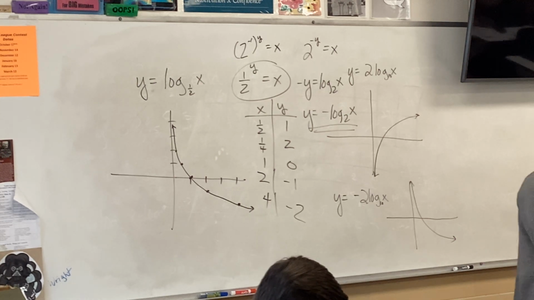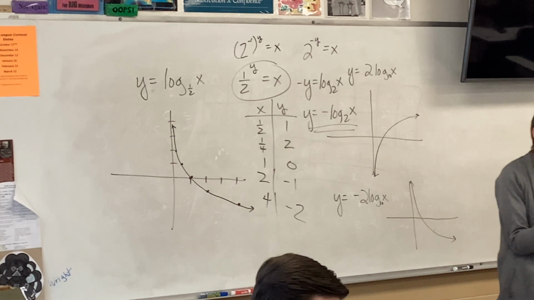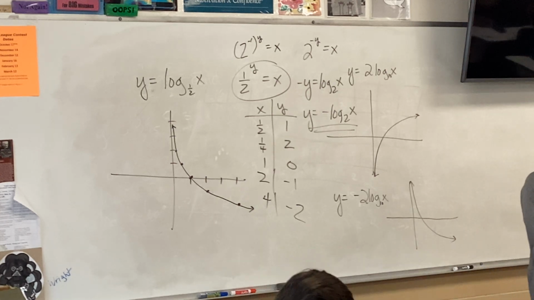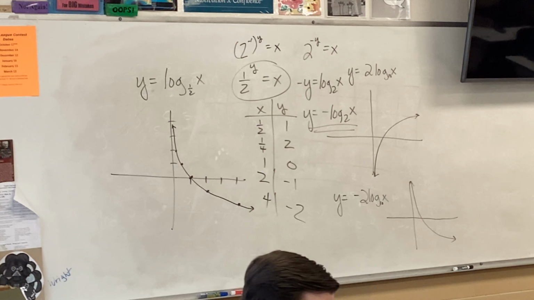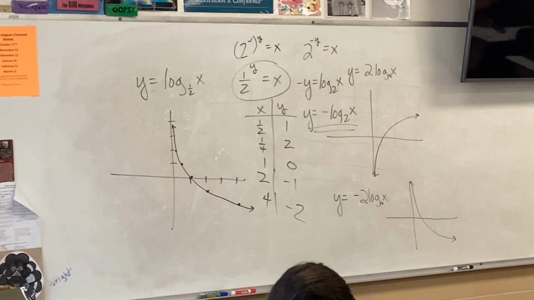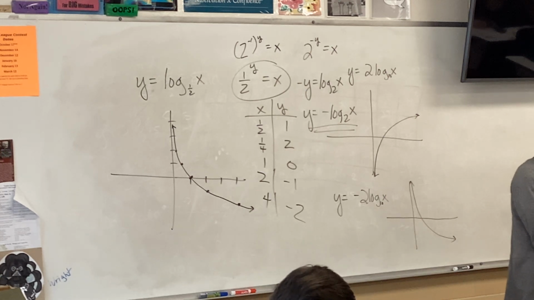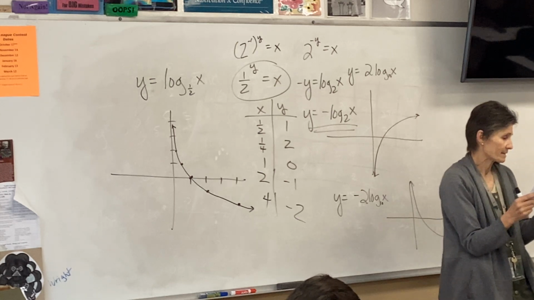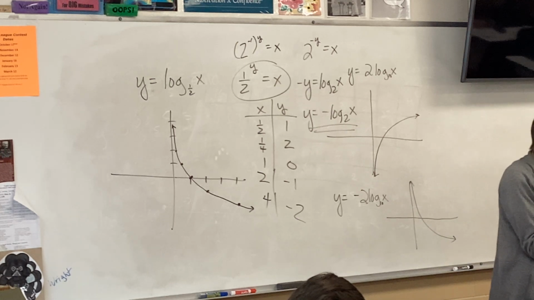Negative infinity. As x approaches infinity, the limit is positive infinity. Yep, so your end behaviors, the limit as x approaches 0 from the right, because that's as far as the curve can go.